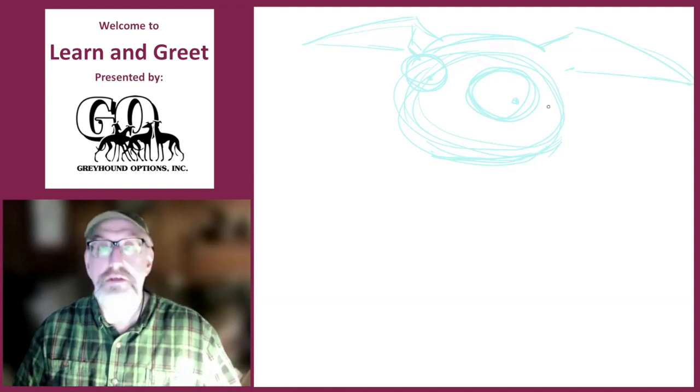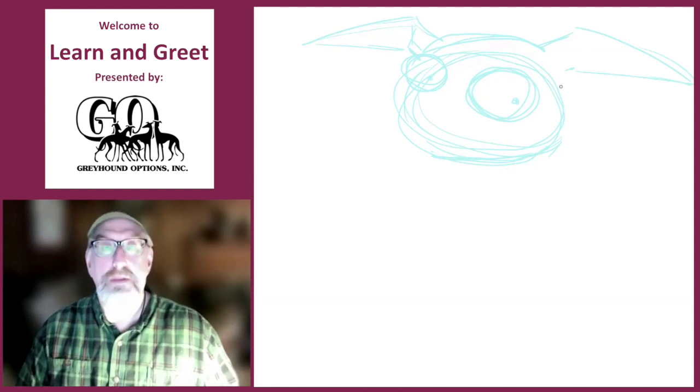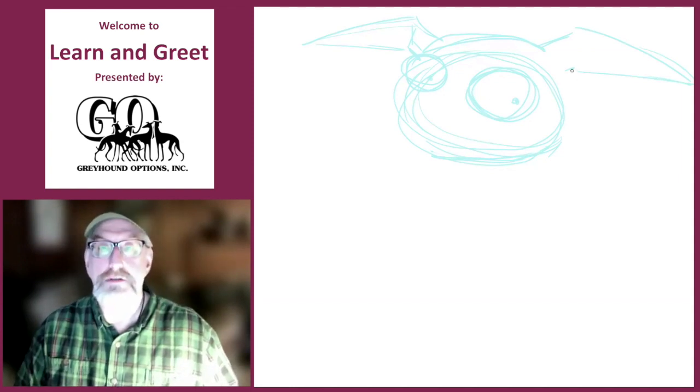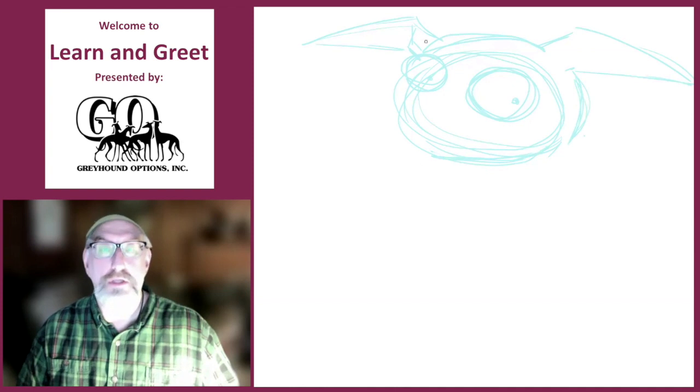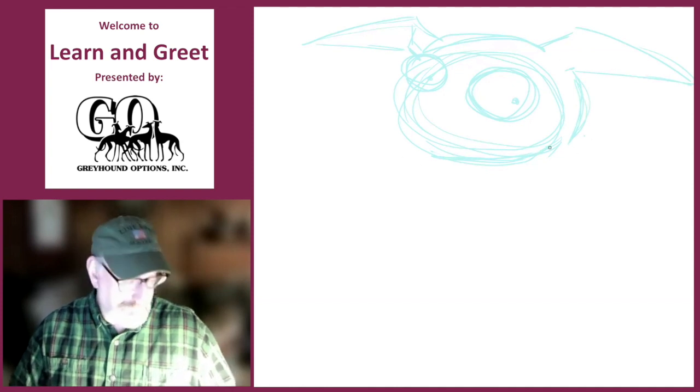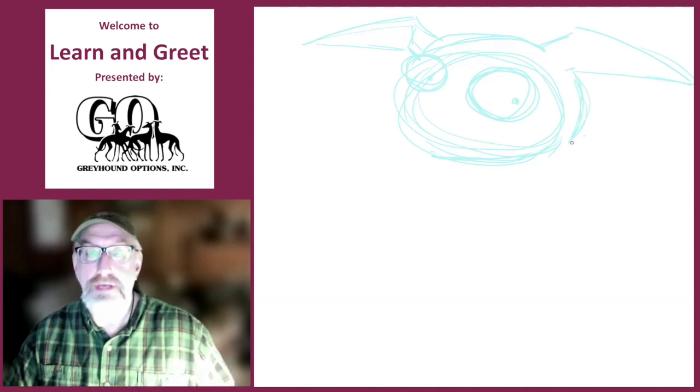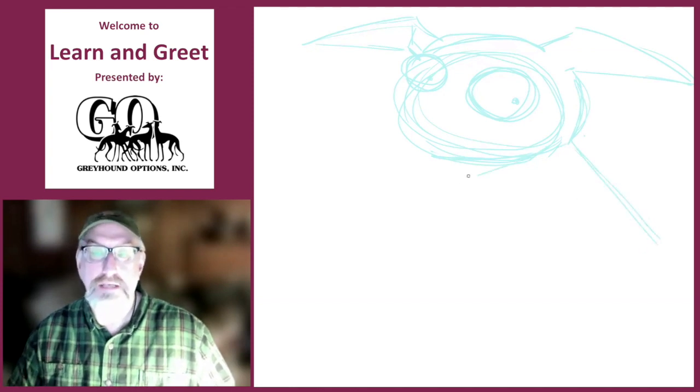Okay, so once we've got the top of the head set, we always have to think about the back of the skull, which again, if you look at it, is all just one circle. Greyhounds have that really long neck, which in this case would just be a rectangle.